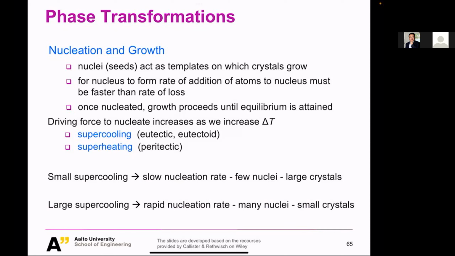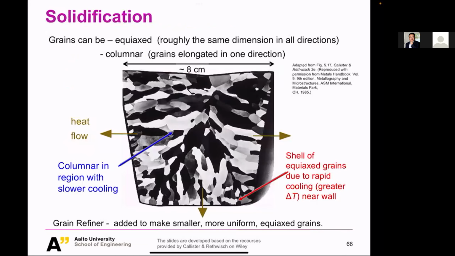If you have followed our message in previous courses, you could already imagine what small grains or large grains imply, as that correlates to your mechanical properties. We will talk about that a little later in today's course.